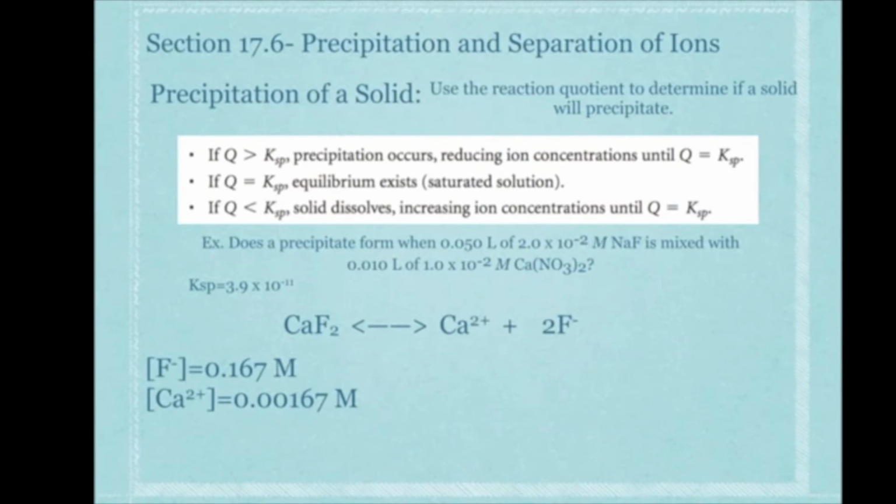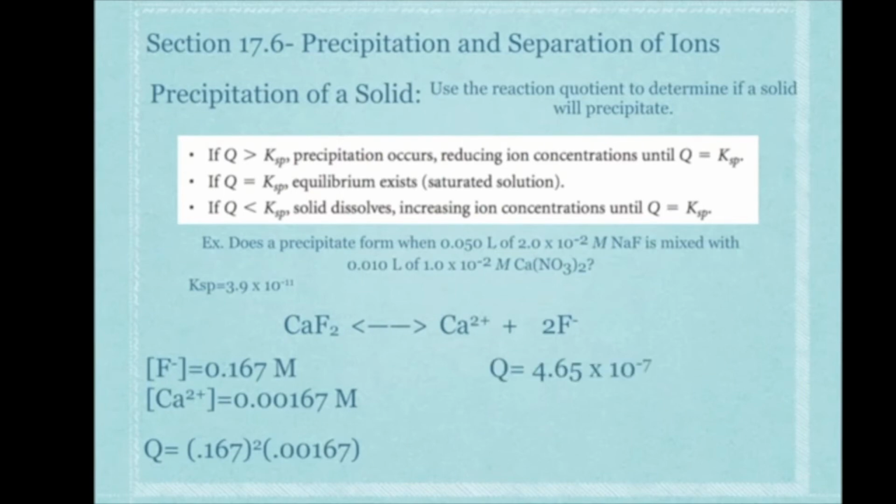So what I can do now is calculate my reaction quotient. Q equals the concentration of calcium ions times the concentration of fluoride ions squared. I'm going to plug in the concentrations that I got. For fluoride it was 0.167 and that needs to be squared, and then times 0.00167. Remember, I don't include calcium fluoride because it's a solid.